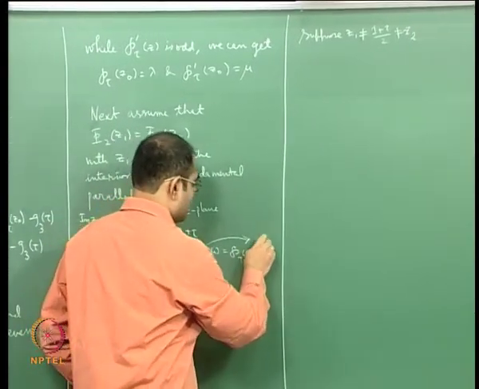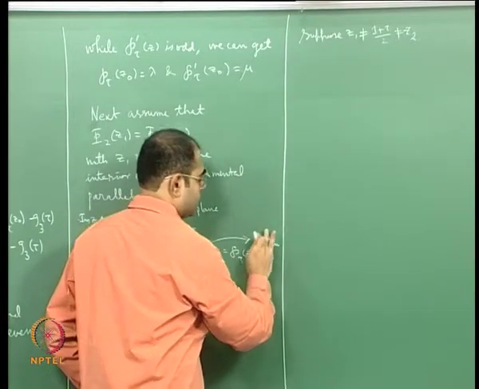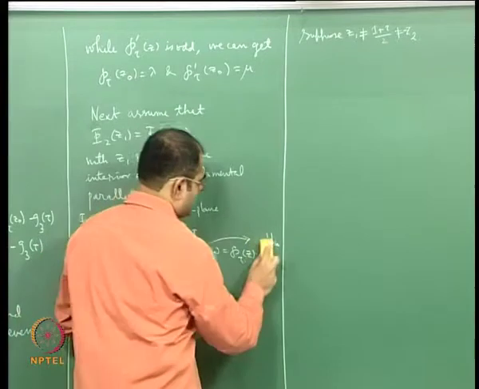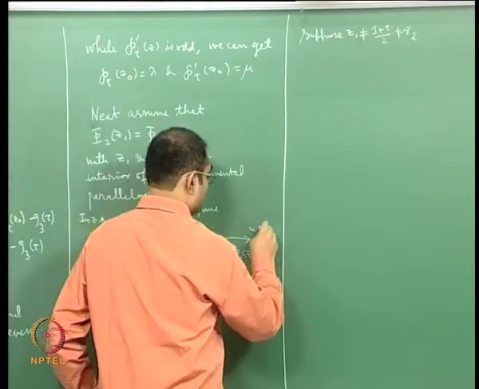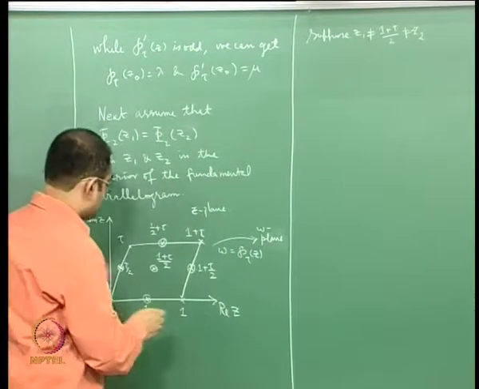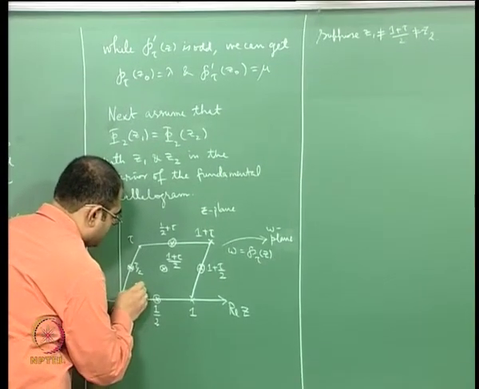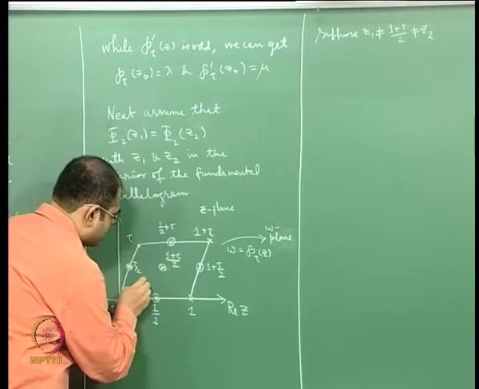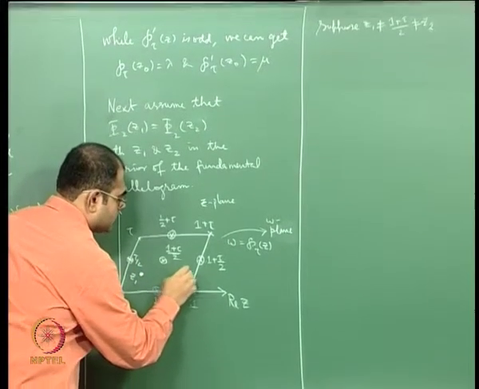So here there is the omega plane. Your situation is that you have Z1, so I'll use a thickened dot for Z1 and a thickened dot for Z2.